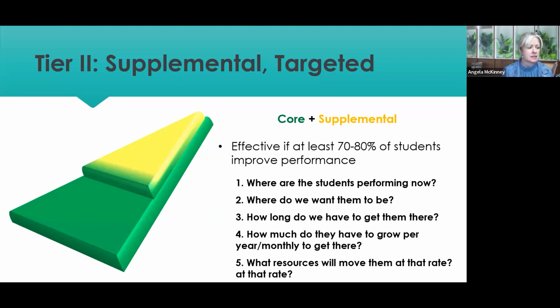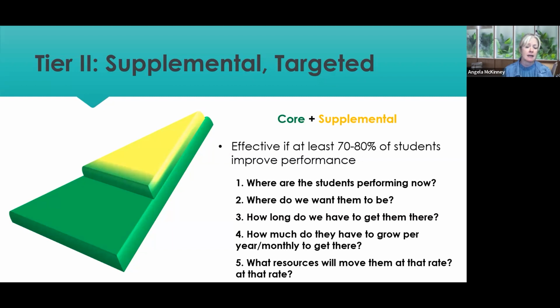The biggest thing that you can do with tier 2 is to think about, okay, if we've got maybe 20% of our students on a good day that need this supplemental support, I can't meet on 20% of our student population. I just can't.